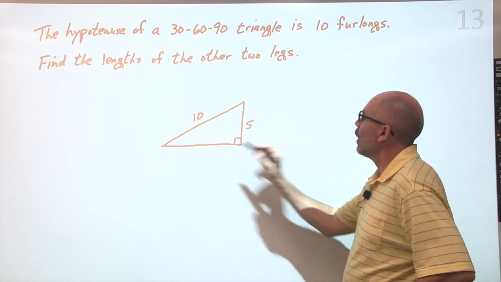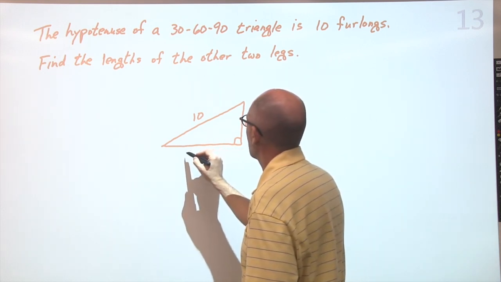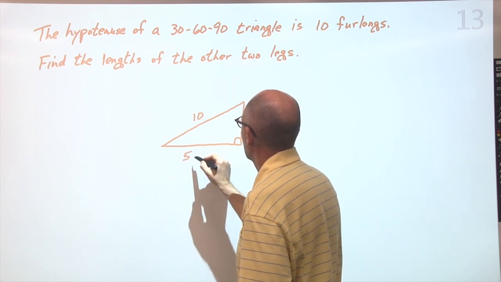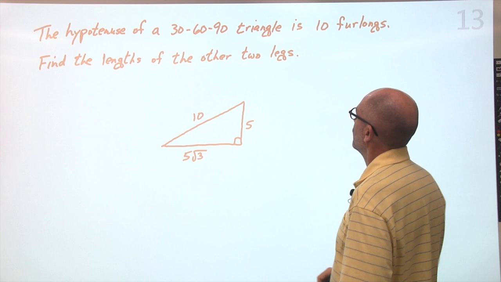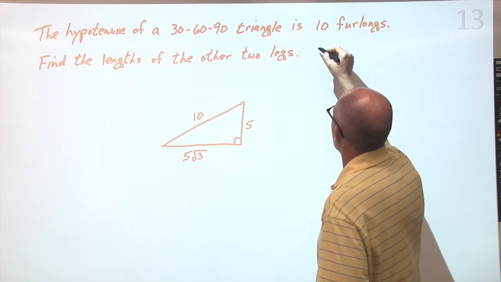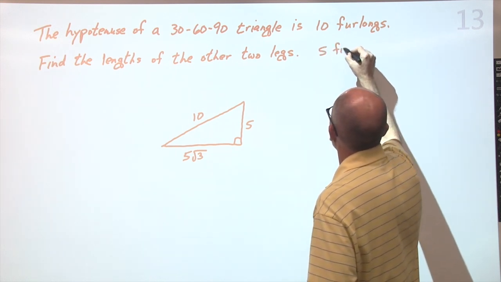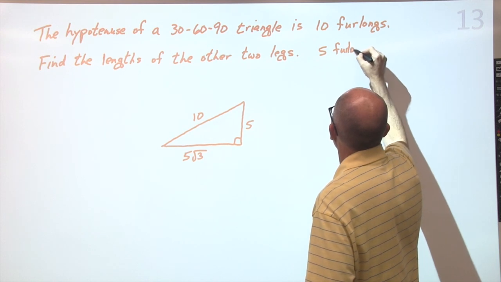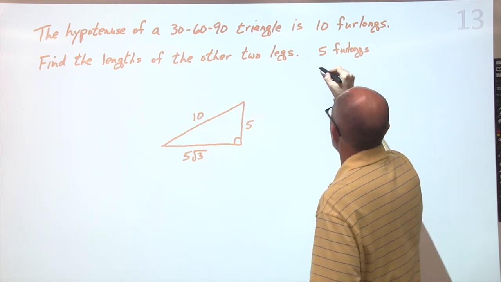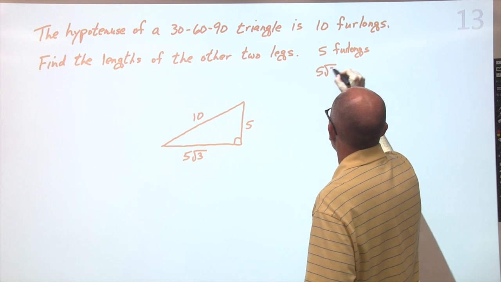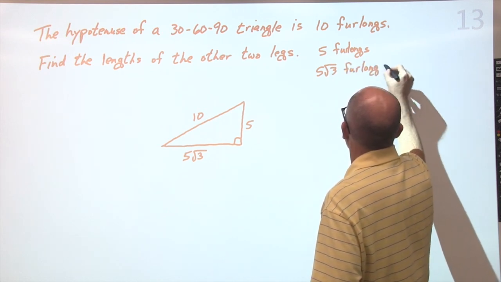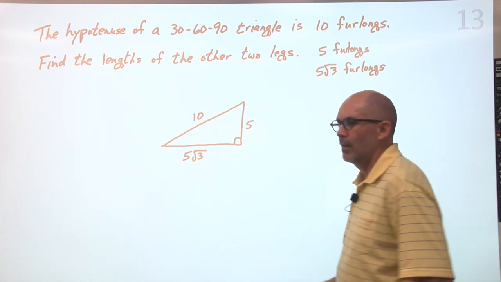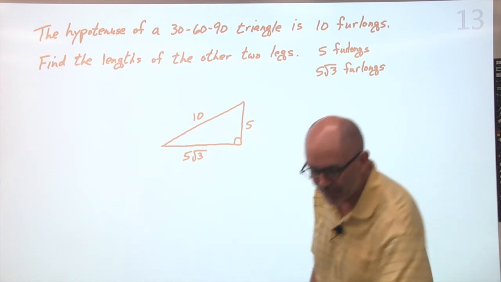And I know the long leg is going to be the square root of 3 times the short leg. So that's 5 square root of 3. So the length of the other 2 legs are 5 furlongs and 5 square root of 3 furlongs. So that's it. Have fun with these.